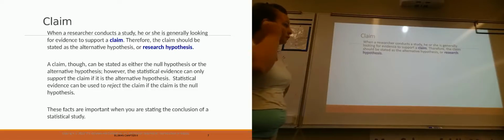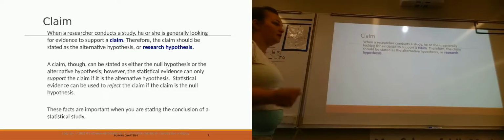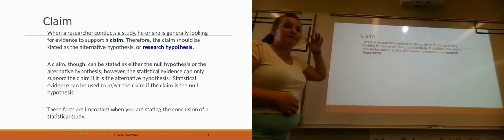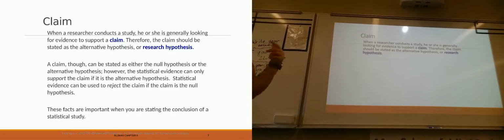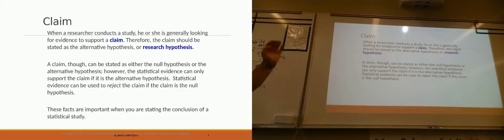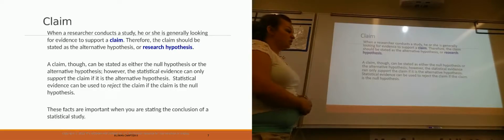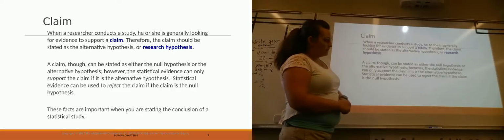When a researcher conducts a study, he or she is generally looking for evidence to support a claim. Therefore, the claim should be stated as the alternative hypothesis or research hypothesis. So we're usually trying to change a little bit of something. A claim, though, can be stated as either the null hypothesis or the alternative hypothesis.